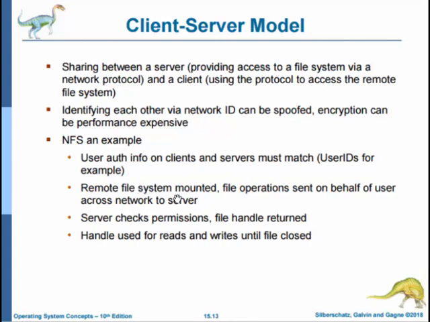Now, in the case of Unix and its Network File System, authentication takes place via the client networking information by default. In this scheme, the user's ID on the client and server must match. If they do not, the server will be unable to determine access to the files. Consider the example of a user who has an ID of 1000 on the client and 2000 on the server.